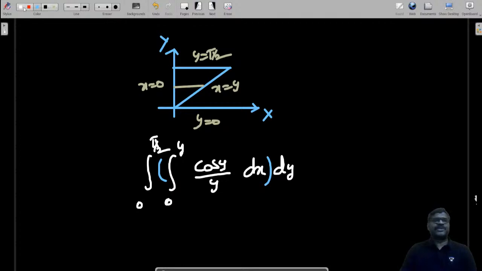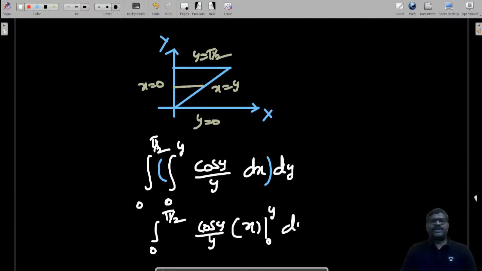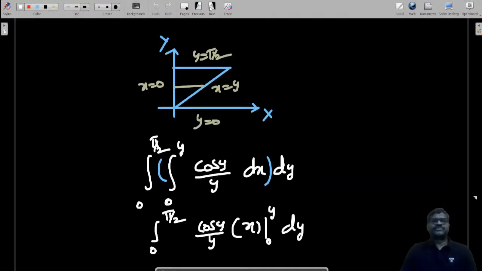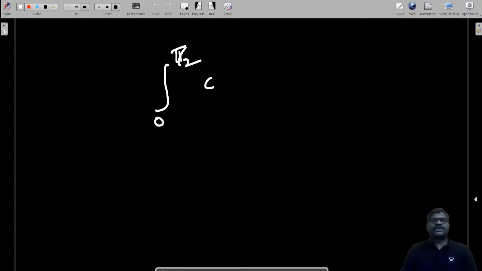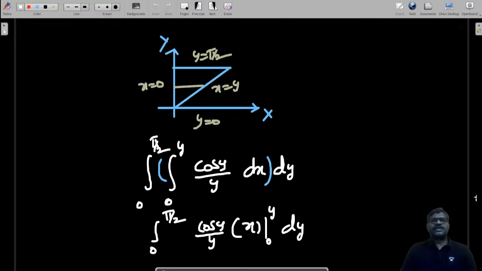First integrate with respect to x. Integral dx is x from 0 to y dy. Integral 0 to pi by 2, cos y by y into y dy.